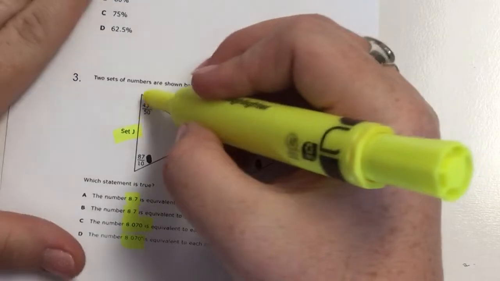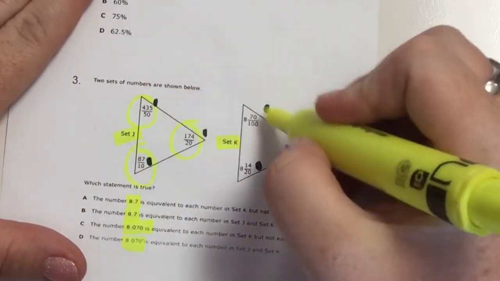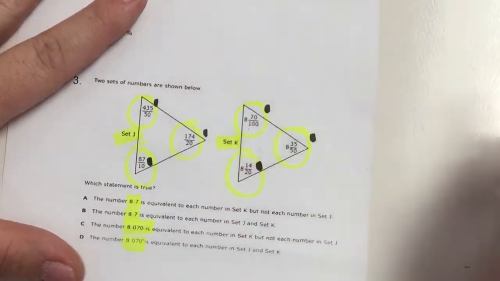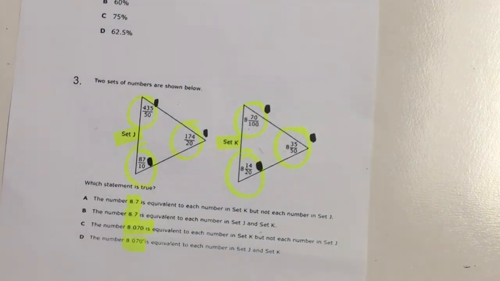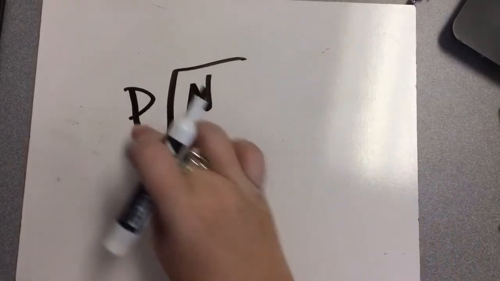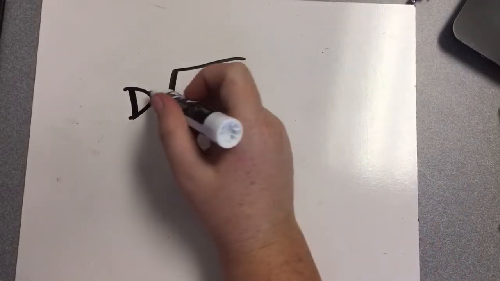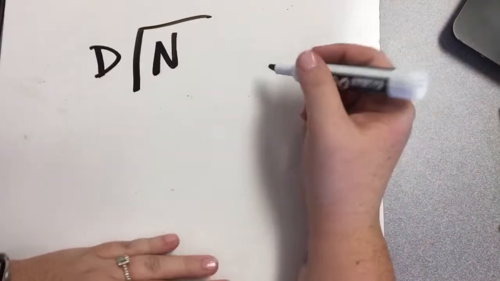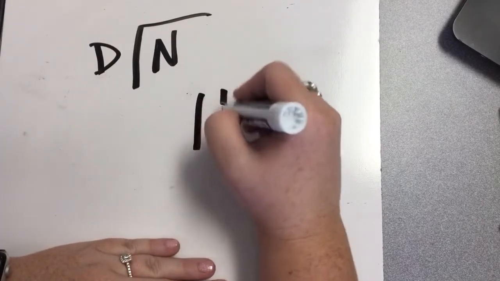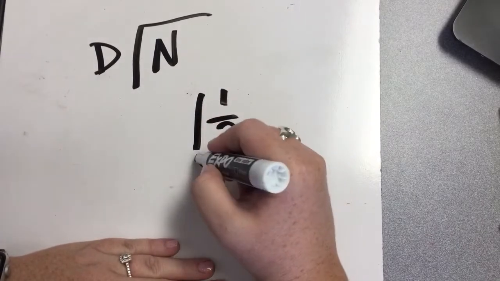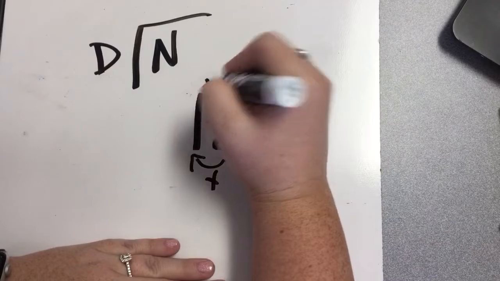So what you need to do is take each one of these and divide them out. If they give you an improper fraction, you're going to divide the numerator by the denominator. If they give you a mixed number, like 1 and 1/2, you multiply here, add here.